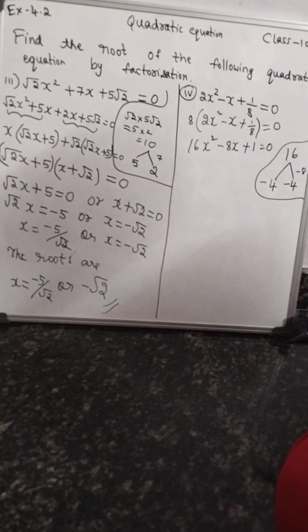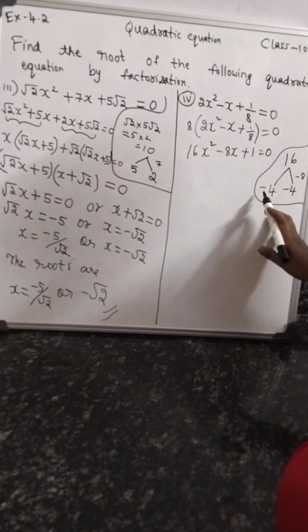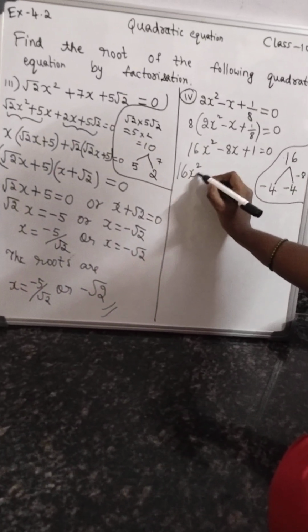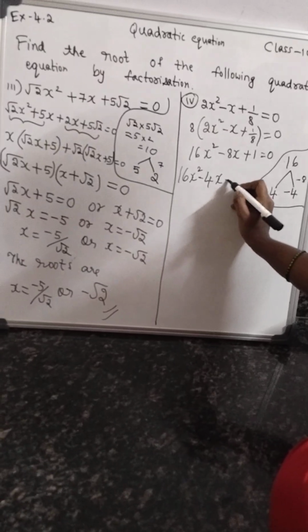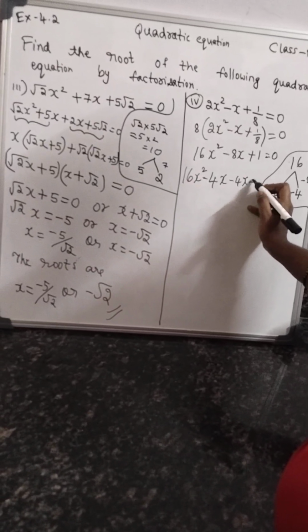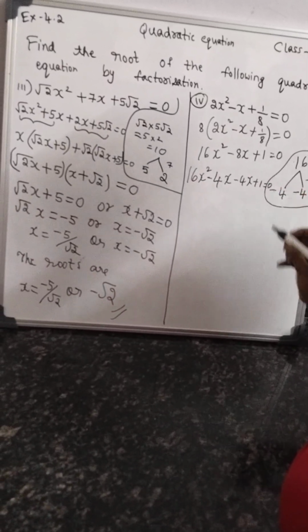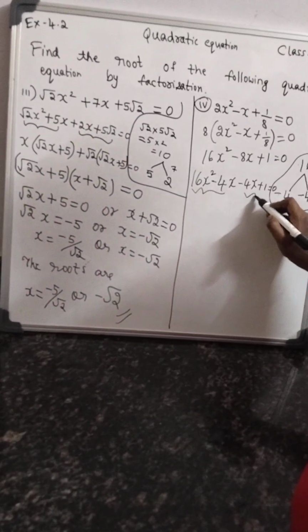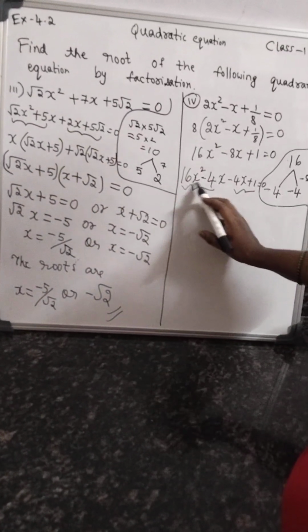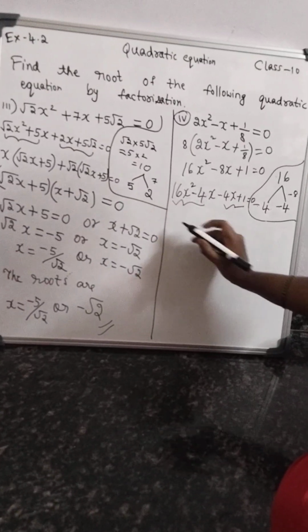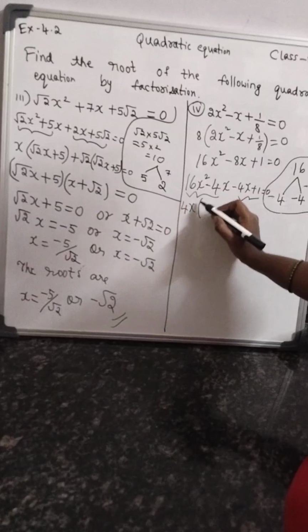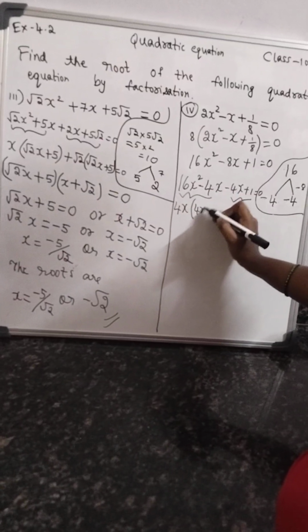Now we can split minus 8x as minus 4x and minus 4x, that is 16x square minus 4x minus 4x plus 1, which is equal to 0. Now we have to group two terms together. If we see these two terms here, 4x is common. If I take 4x as common here, 4x minus 1 will be remaining.